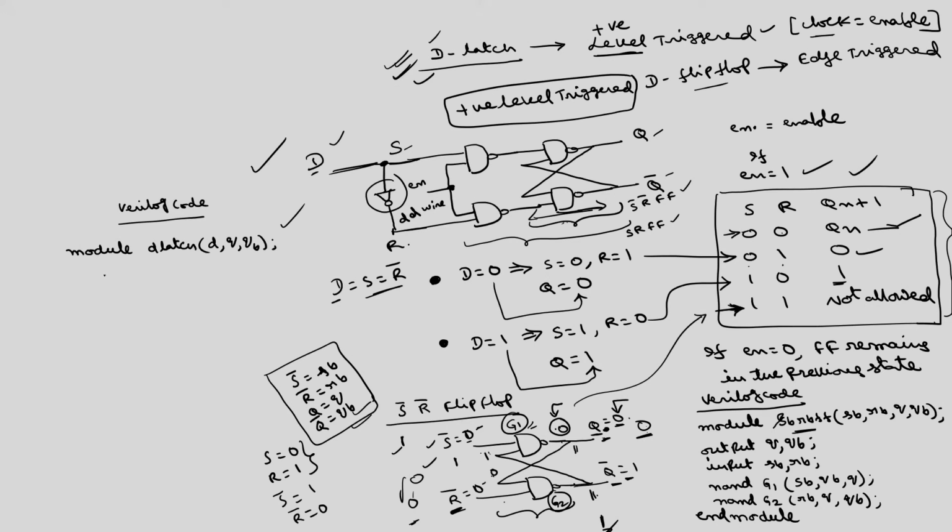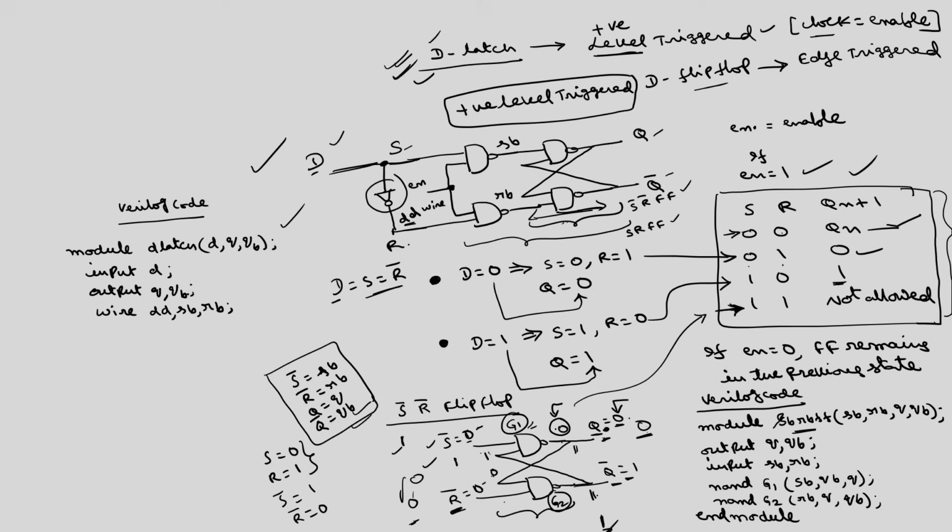Then we can have input D, output Q, QB. Then we require SB, RB as the wires, and another wire DD. Wire DD, SB, RB.